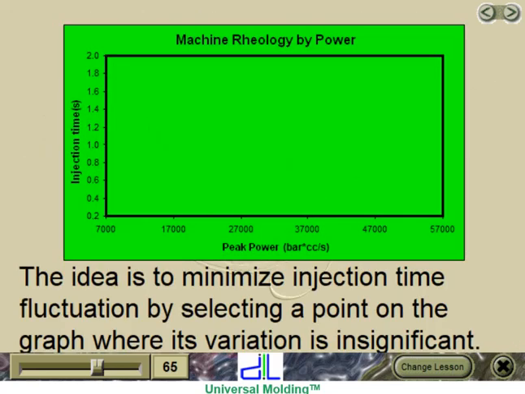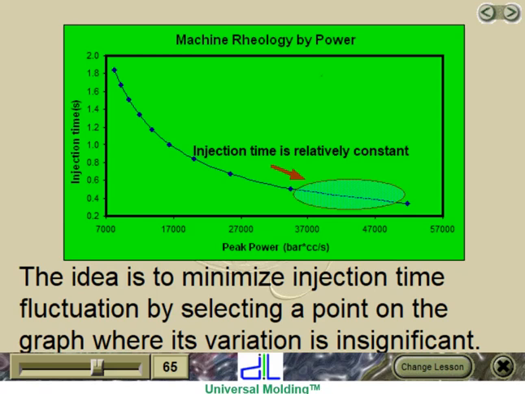The idea is to minimize injection time fluctuation by selecting a point on the graph where its variation is insignificant. Note in this zone that the injection time is relatively constant.